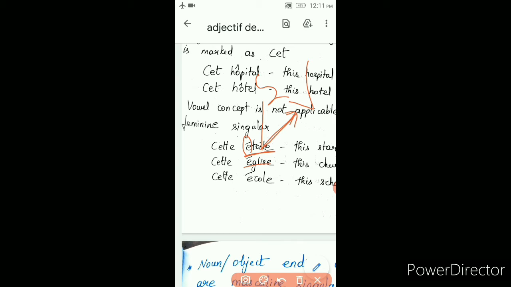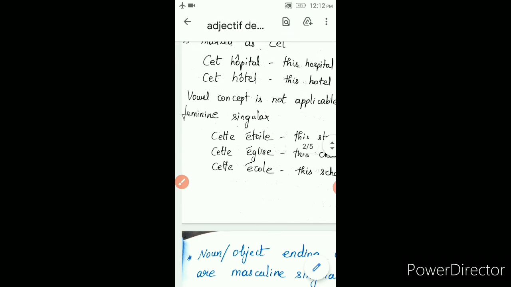If it is ending up with s, es or x. Only in that case we will categorize it as plural. So this is starting with vowel and also it is singular, but even then it is cette only, because it is ending up with e.